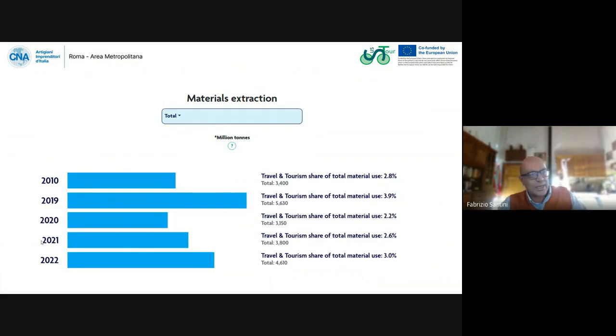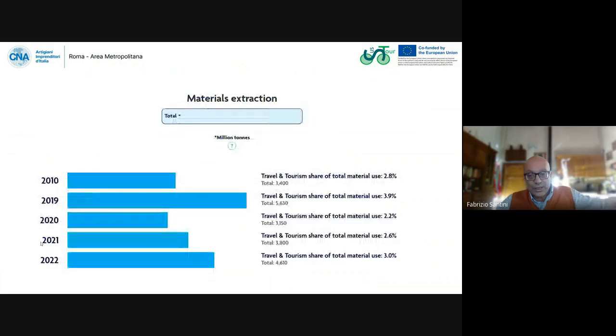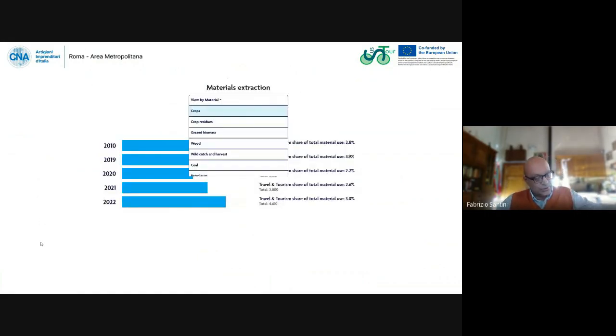As you see also in this case, there was a big rise between 2010 and 2019, a breakdown with COVID in 2020, and post-COVID years, and a new rise. It's very interesting, but in this platform I will not go so deep. If you are interested, you can have information about materials. What I show you is the general raw material extraction connected with tourism.